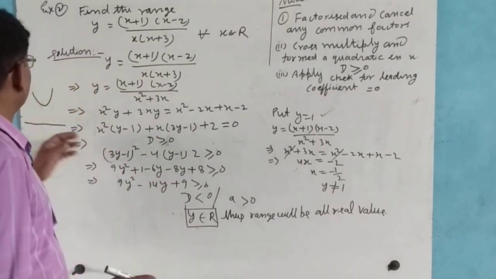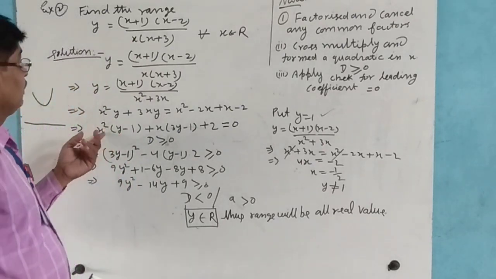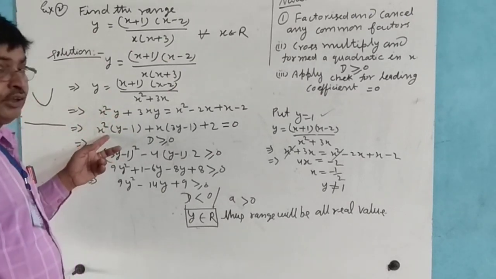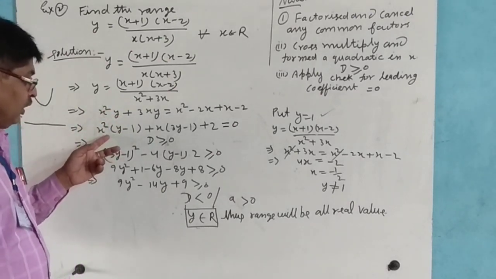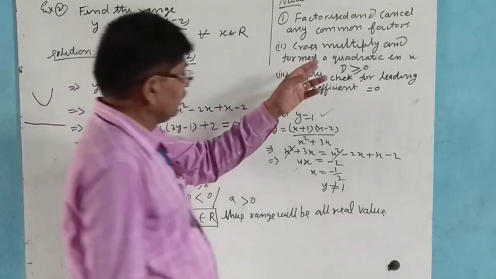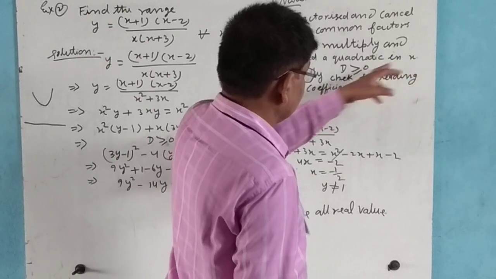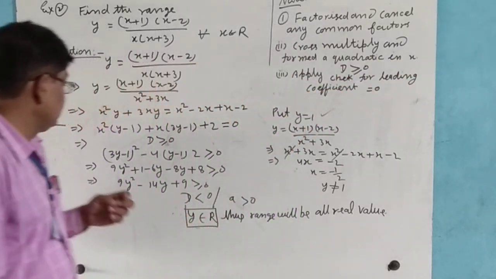In this case, now we convert this into the quadratic form in x, as we know, cross multiply and form a quadratic in x, D greater than or equal to 0, calculate.